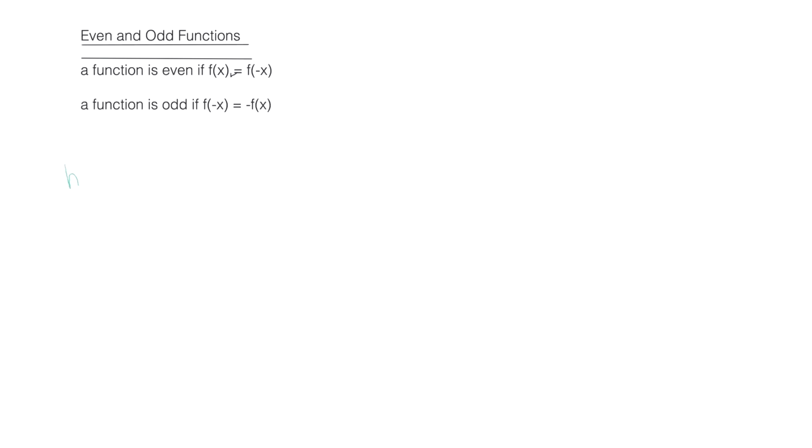Okay, so let's try h of x equals 3x cubed plus 5. H of minus x would be me putting a negative x every place I have an x already. So 3 times minus x cubed plus 5, which is minus 3x cubed plus 5.